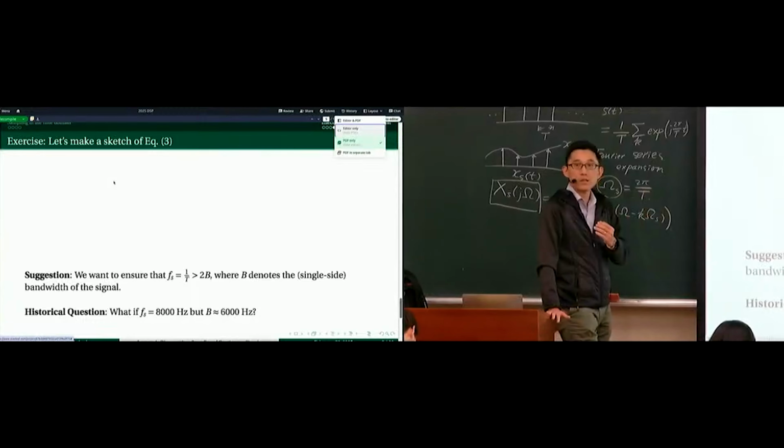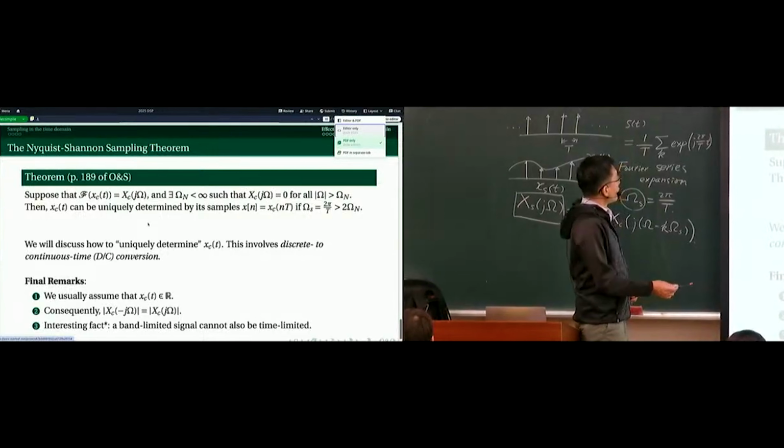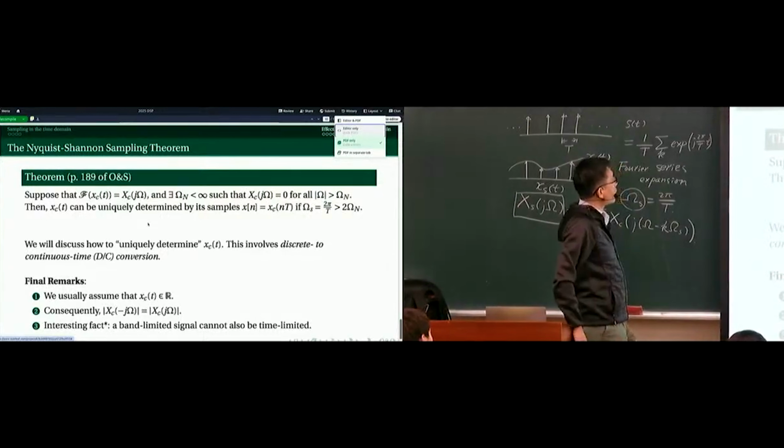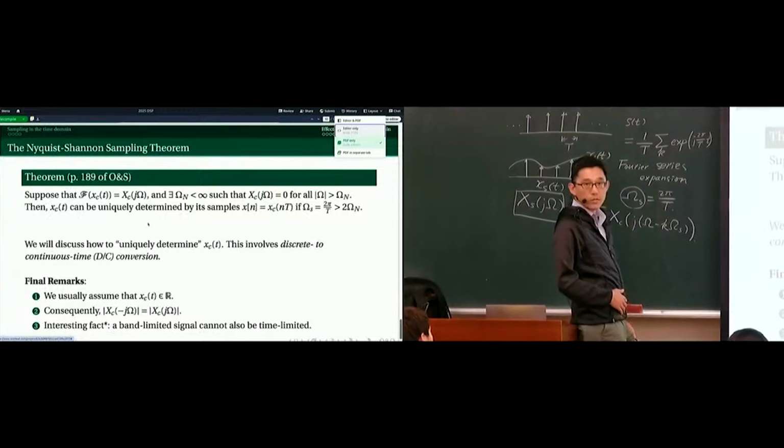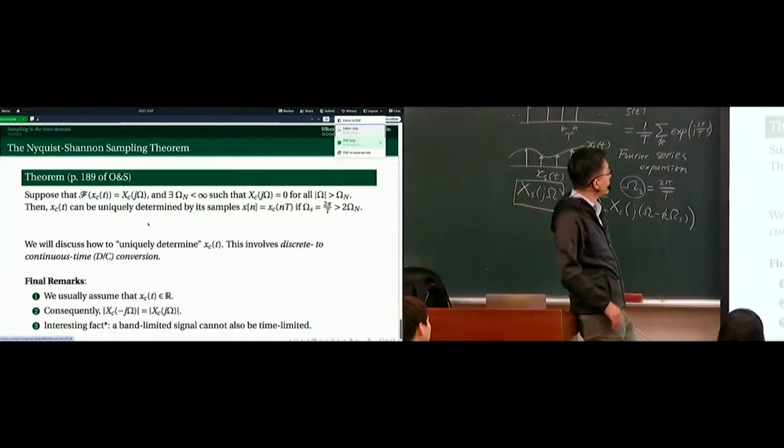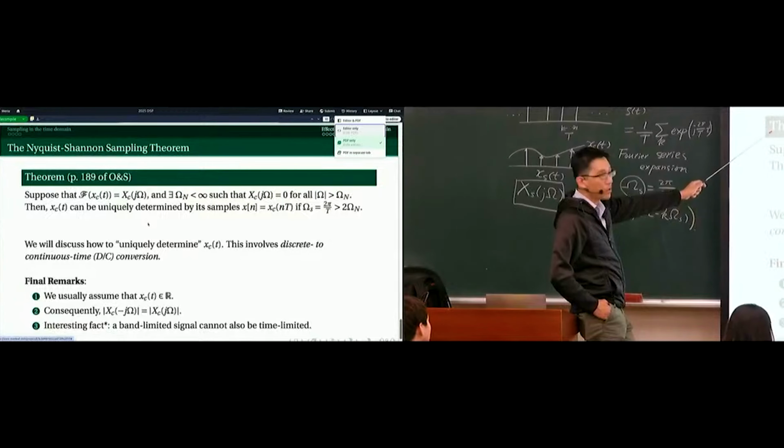Now we can officially go through this important theorem. To summarize our observation, there's this famous theorem by the name of Nyquist-Shannon sampling theorem. Two great guys, Nyquist and Shannon, and you can find the theorem in the textbook. So I'm going to read it once for now.